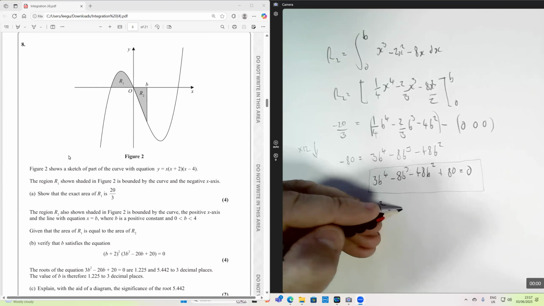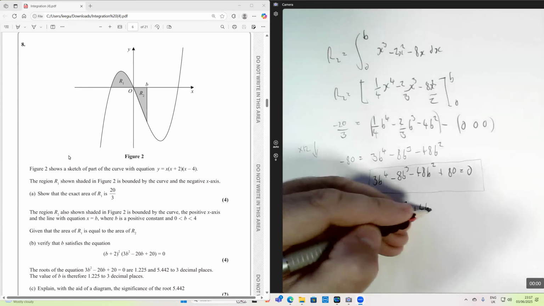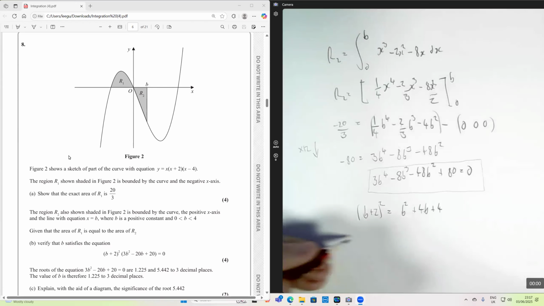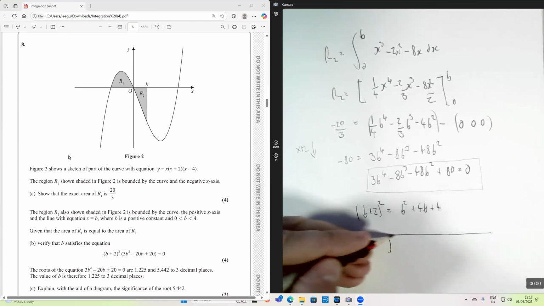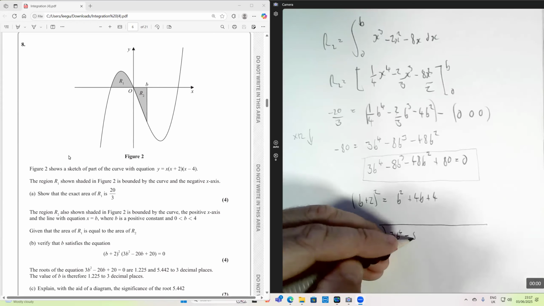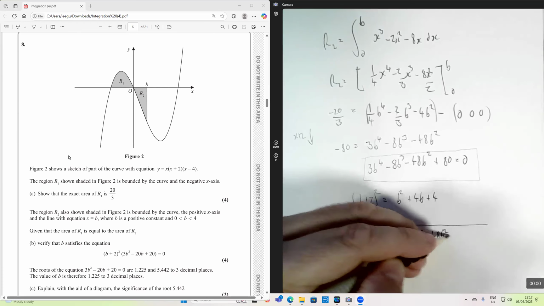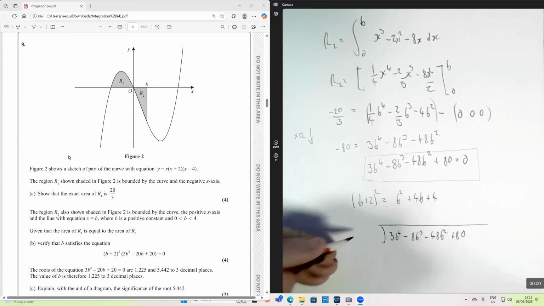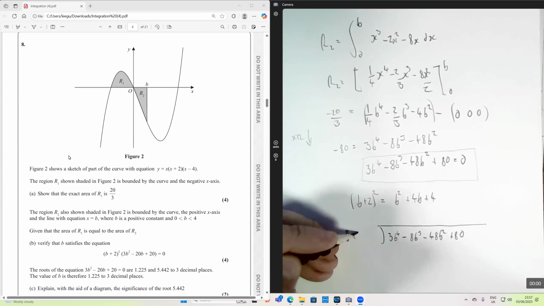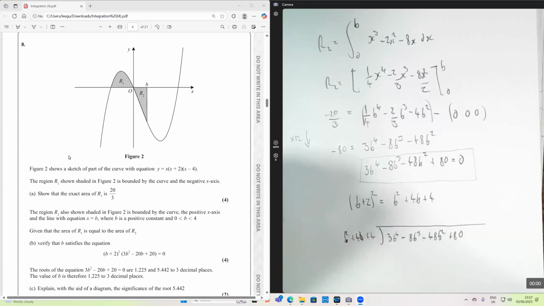If I expand b add 2 squared, that would be b squared add 4b add 4. So if I divide my expression, 3b to the 4th minus 8b cubed minus 48b squared add 80, by b squared plus 4b plus 4, then I'm going to hope that what I get is 3b squared minus 20b add 20. Let's hope that that's what we get.